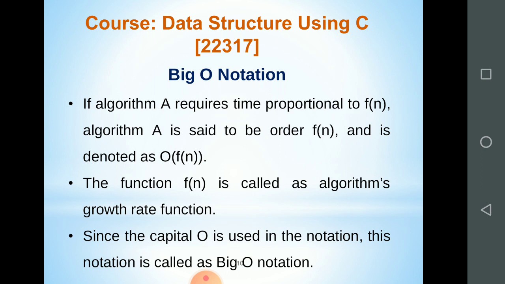Depending on the growth rate function, your time complexity increases or decreases. If you want to calculate the total time complexity of the algorithm, we calculate the worst case complexity, and for that we use the big O notation. Since the capital O is used in the notation, it is called big O notation.